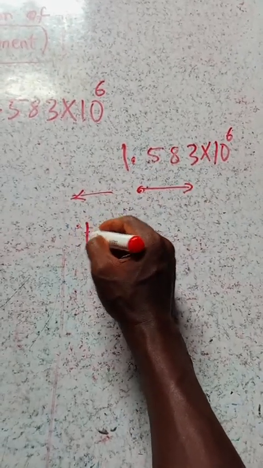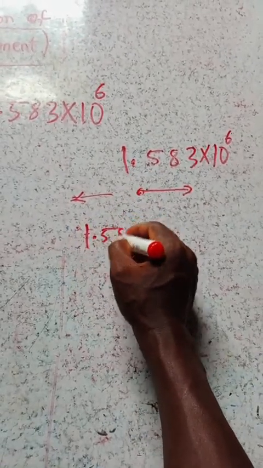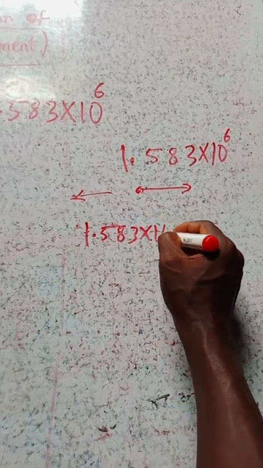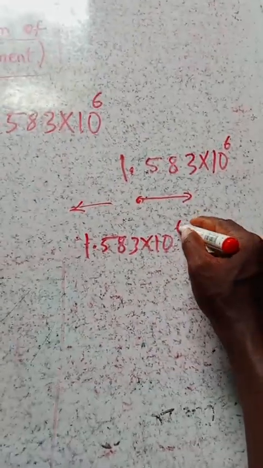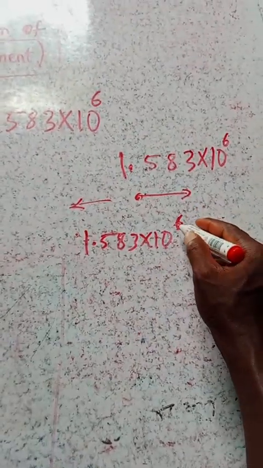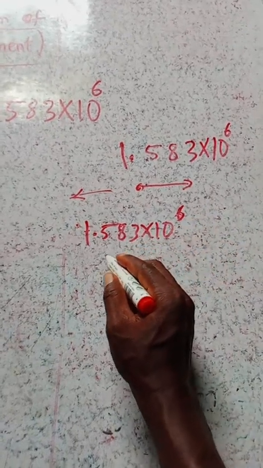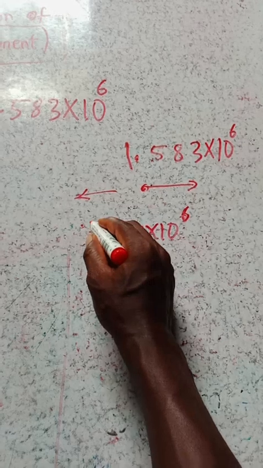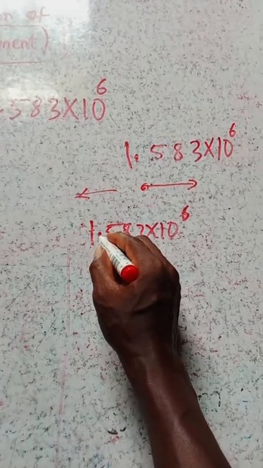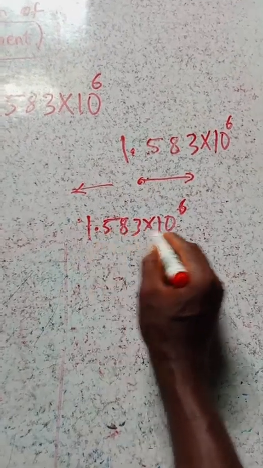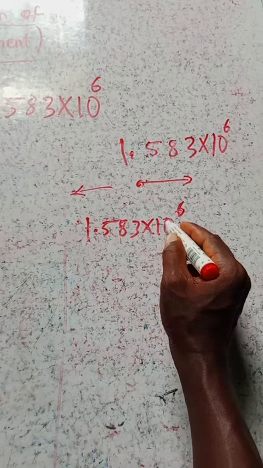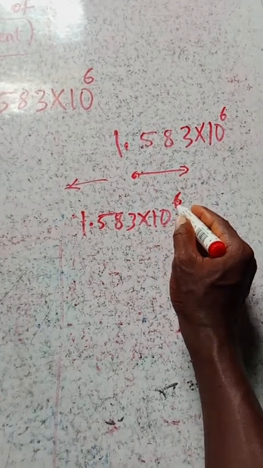If we have 1.583 times 10 to the power 6, and we want to reduce this to power 4, we are going to write this. This is 1, and this decimal point, I told you, we are going to shift in this direction so that it will be reducing the power.